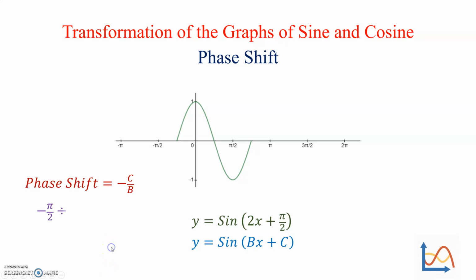So if I do the math, there's my change the sign of the C, divide by the B. Gives me negative pi over 4. Hey, that's where we were. But what this actually says is the entire picture moved left pi over 4 units. Again, phase shift, negative C over B, whatever you get will indicate the movement that occurred.